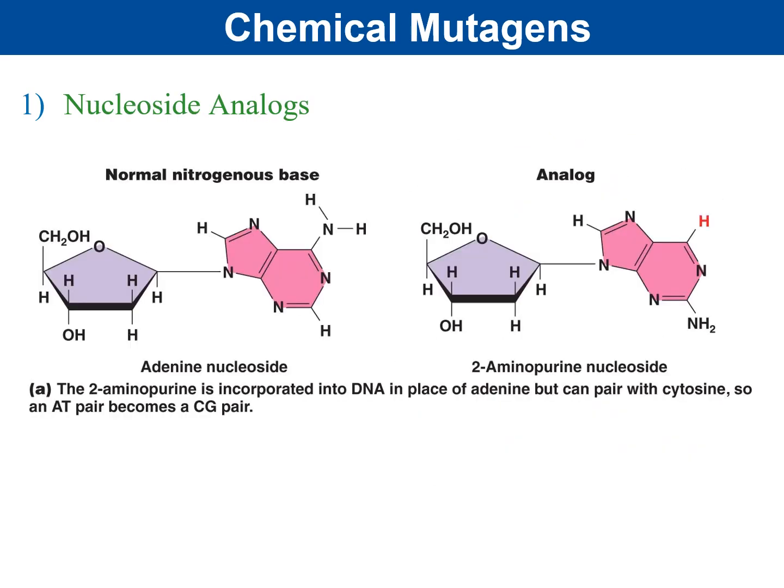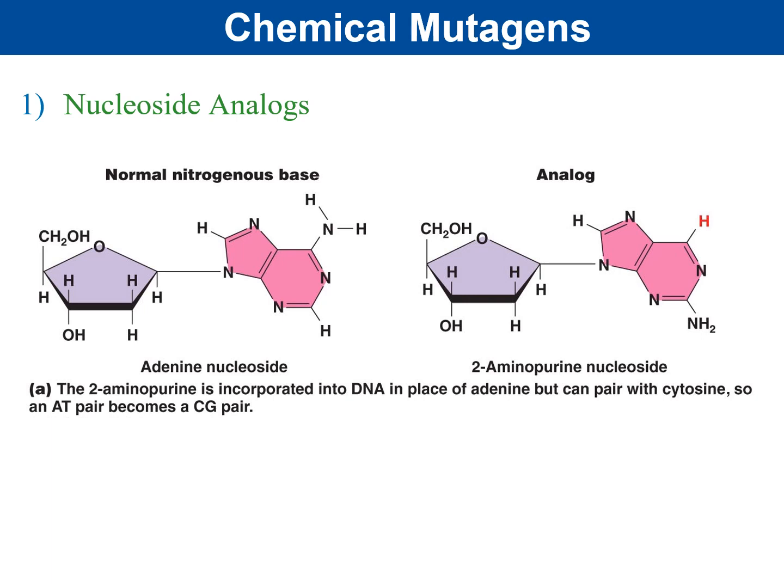Okay, now chemical mutagens, which are in a different class than radiation mutagens, come from direct exposure. So a chemical gets into a cell, or exposure from the environment involves absorbing or somehow taking in a chemical that causes damage to the DNA internally.